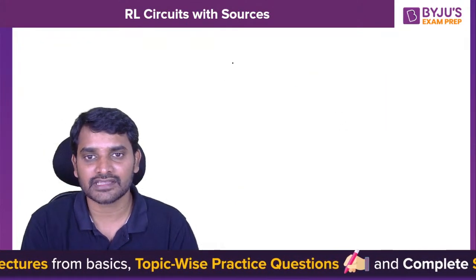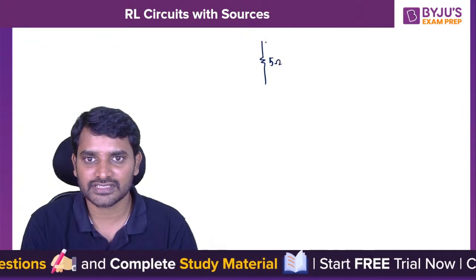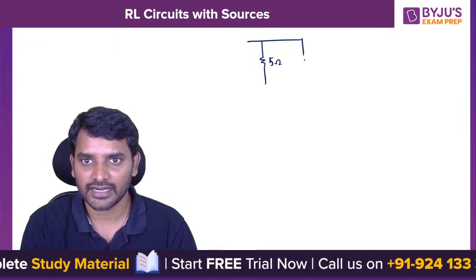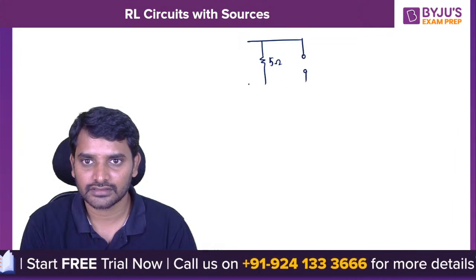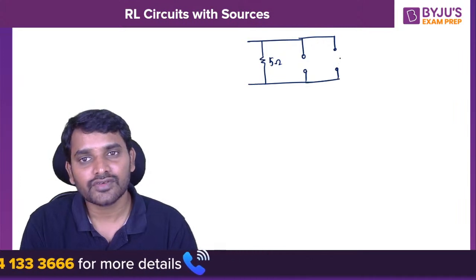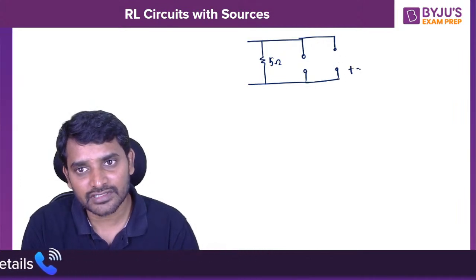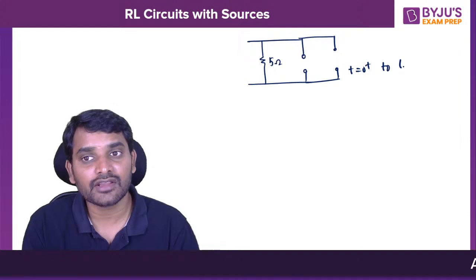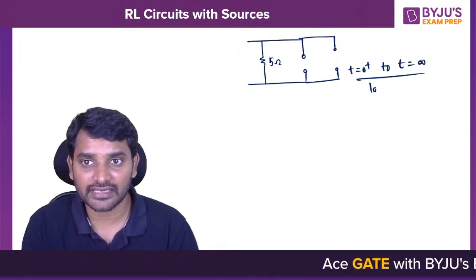Now after opening the switch, I have a 5 ohm resistor and an inductor. When you open the switch from t equals 0 plus to t equals infinity, this is a long time again.